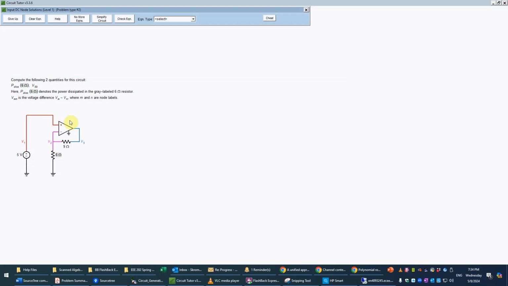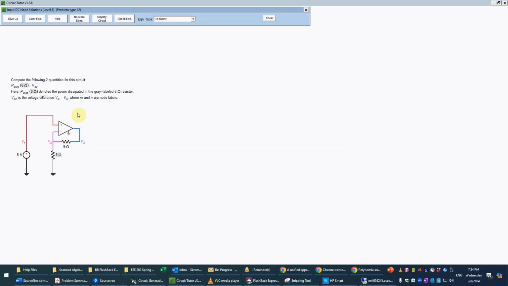And in fact, there's actually a formula for that gain in the introductory tutorial. It's just 1 plus the feedback resistor, 9 ohms, divided by 6. So we could actually predict right away that it's going to be 1 plus 9/6, which is 3 halves, so that's basically a gain of 2.5. So the output would just be 2.5 times 5, and that actually solves the problem for us. But we'll come back to that later.